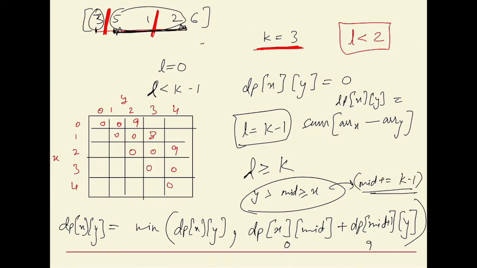Case that we break at this, then we have these two subproblems, and for this the answer would be 0, and for this the answer would be 9.